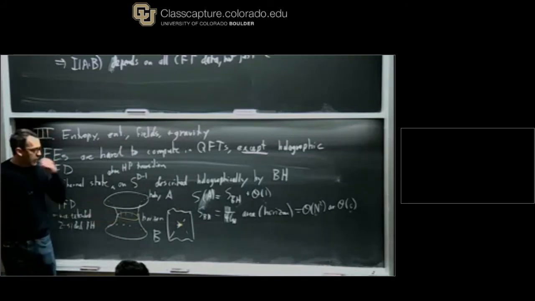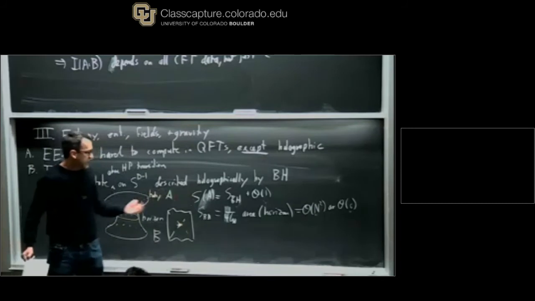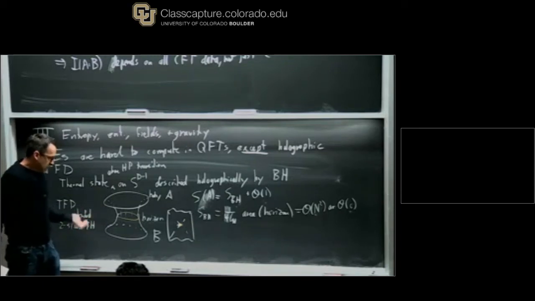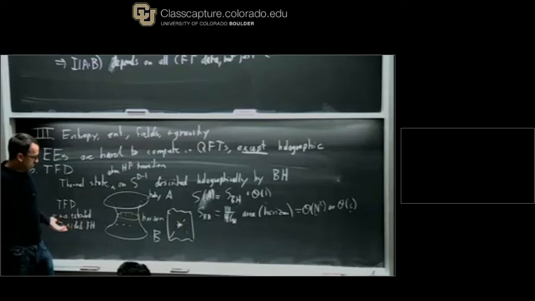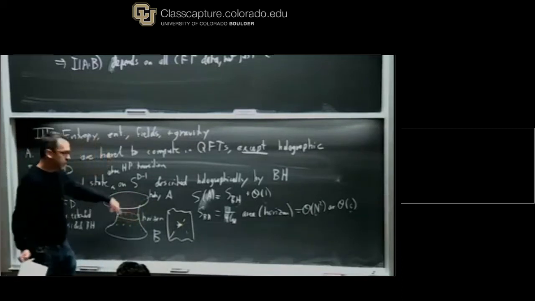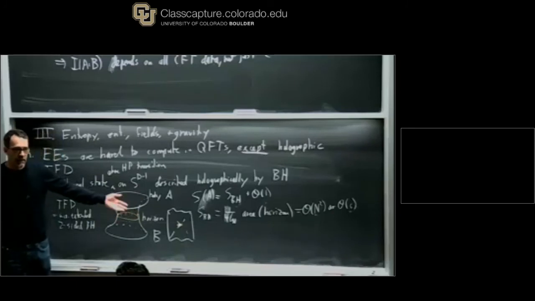And so if you wanted to generalize this formula and say, let's say I just have a general background and a general region A, is there going to be some formula for the entanglement entropy? Of course here the horizon was picked out by all of these different symmetry-dependent considerations.